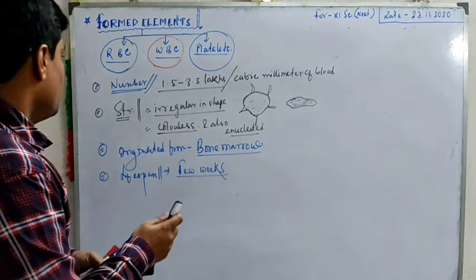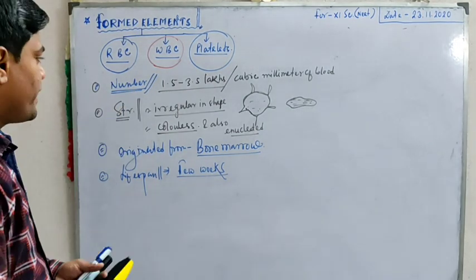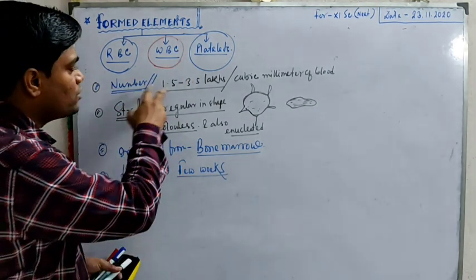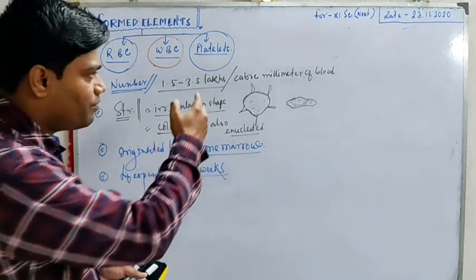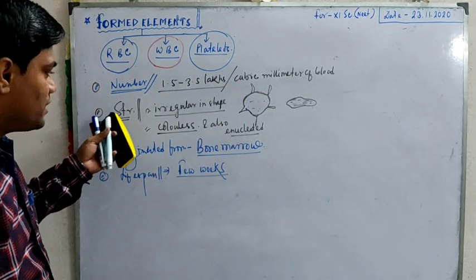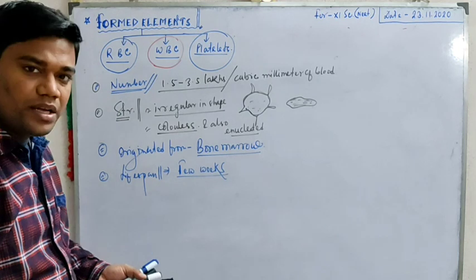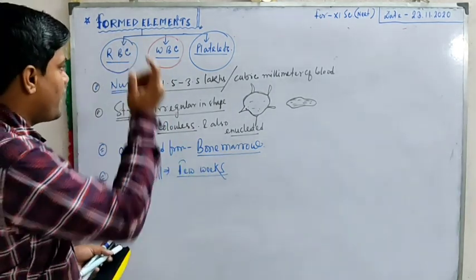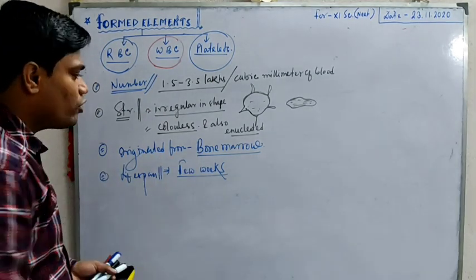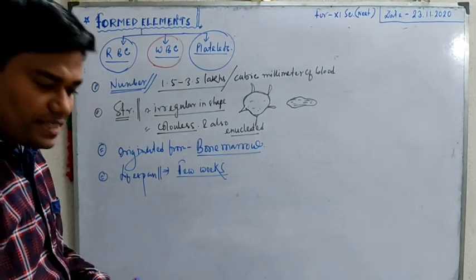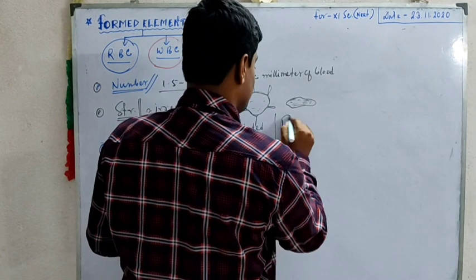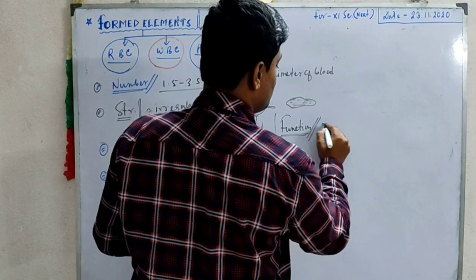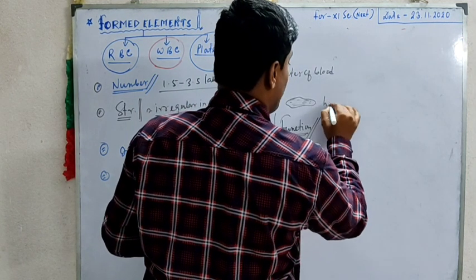So platelets or thrombocytes number higher than WBC but lower than RBC, that is 1.5 to 3.5 lakhs per cubic millimeter of blood. Irregular in shape, colorless as we found in WBC, also enucleated as RBC. Originated from bone marrow, lifespan few weeks, and the main function is blood clotting, helps in blood clotting.